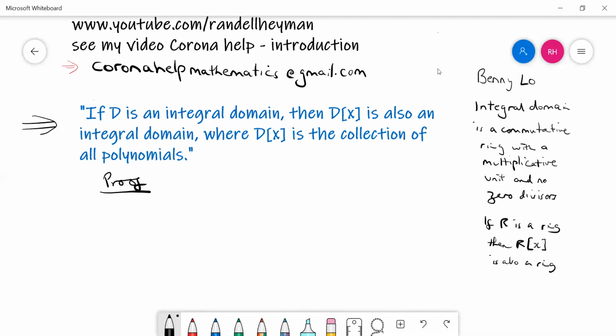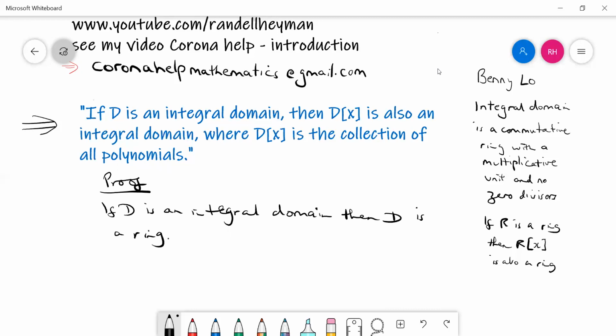We said we have to show, so if D is an integral domain, then D is a ring.